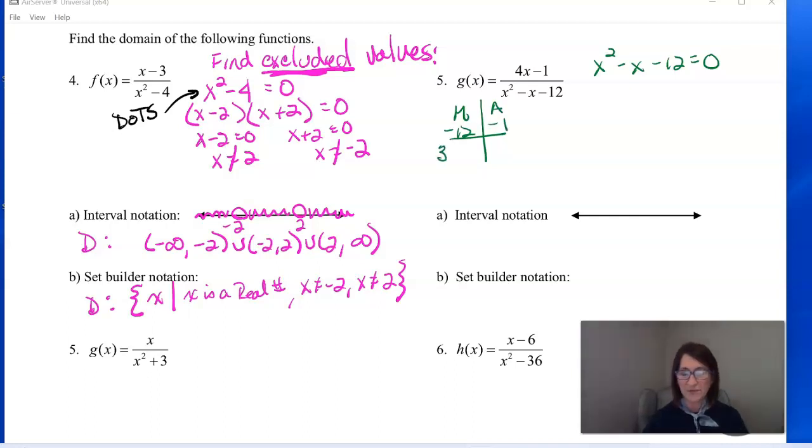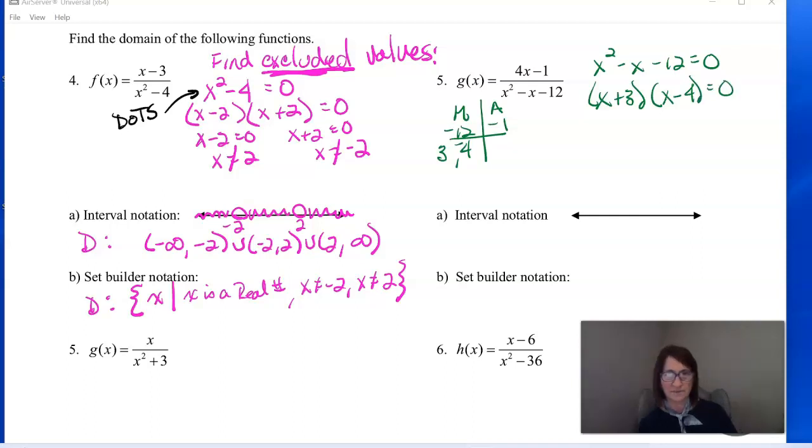Well, I'm thinking 3 and 4, and if I make 4 negative. So that's going to be 3, I'm sorry, where's my head? It's going to be x plus 3, x minus 4 is equal to 0.